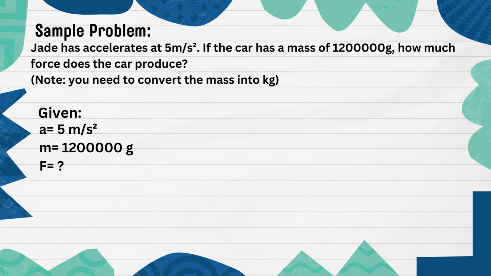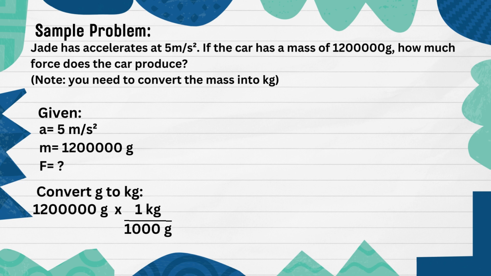As you can see, we need to convert now the mass into kg. So, in converting it, here's the solution. 120,000 g times 1 kg over 1,000 g, because in 1 kg there are 1,000 grams.